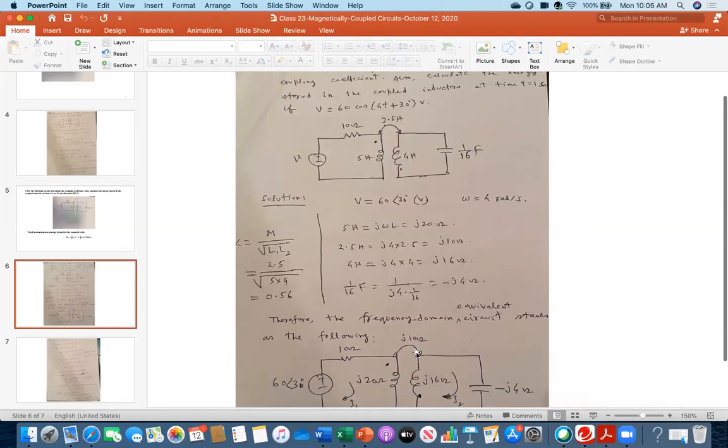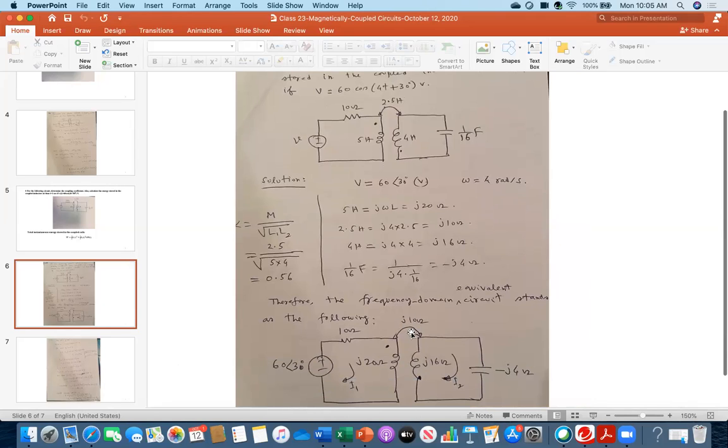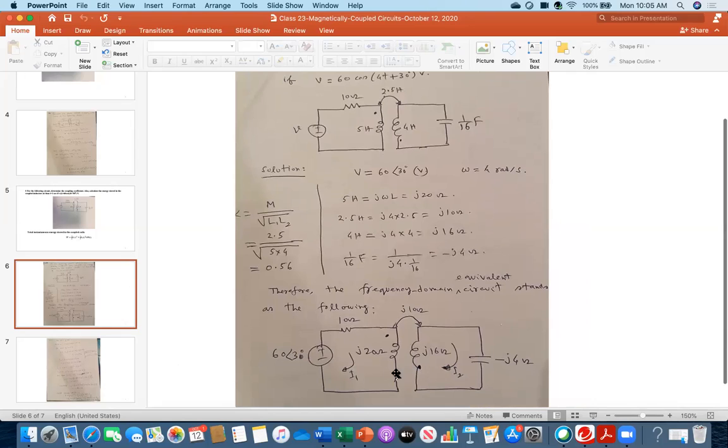So the mutual voltage is mutual inductance multiplied by I2. And why am I putting a plus sign once again? Look, I1 is entering at the dotted point, and I2 is also entering at the dotted point. Both are entering at the dotted point. So the sign will be plus when both are entering at the dotted point or both are leaving at the dotted point.